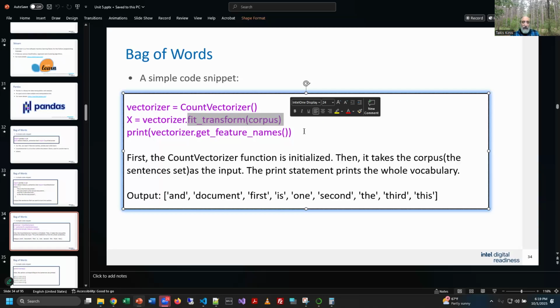So this would take the fit transform, right? And it takes the sentences set as the input, and the print statement prints the whole vocabulary. So this procedure here is the fit transform, and then get feature names, and basically it converts it into that bag of words. So now we have a bag of words. That's basically what that does.